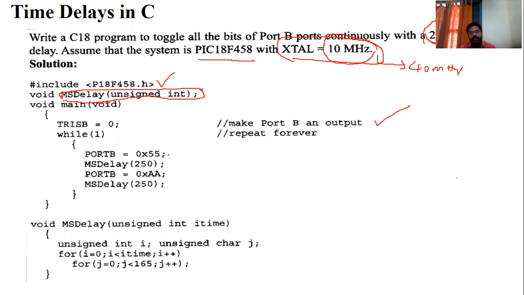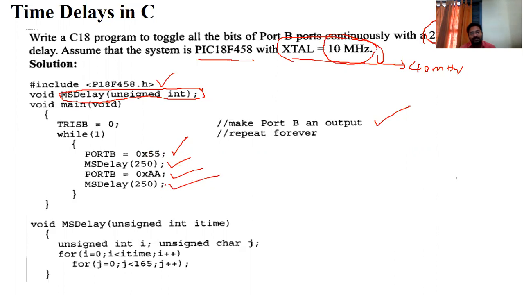We can send the value 55 to this port B. How much delay do you want? A 250 millisecond delay. Again, port B you can send it to, and these are the addresses: port B is 55 as well as AA.